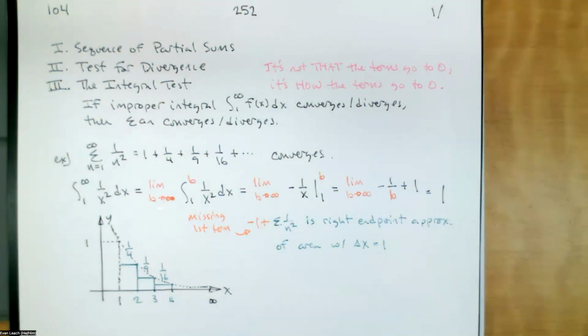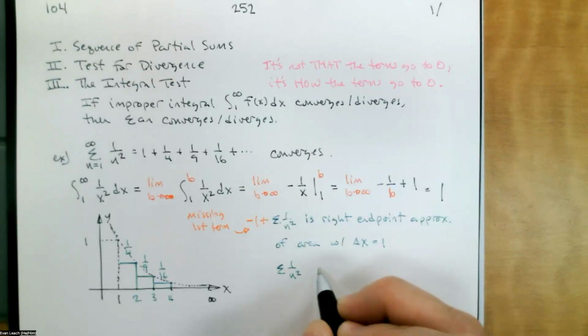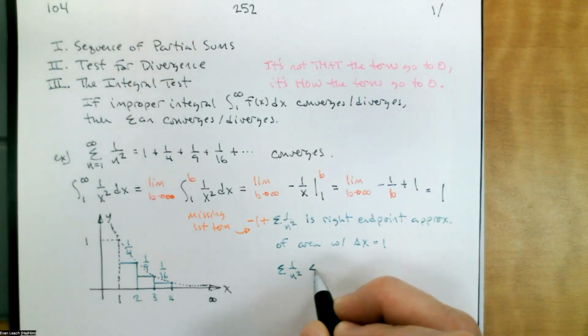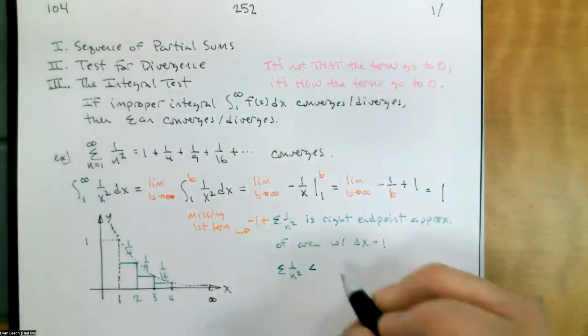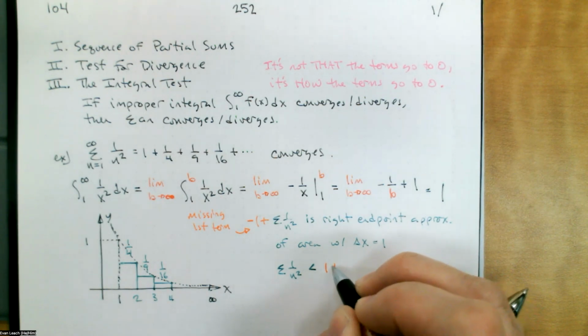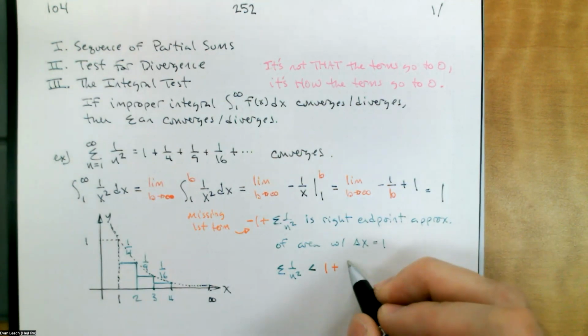So the series 1 over n squared is definitely less than 1 plus the integral from 1 to infinity of 1 over x squared dx.